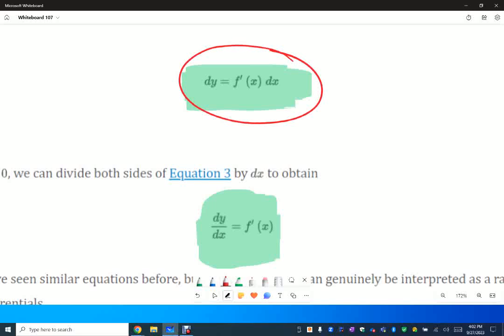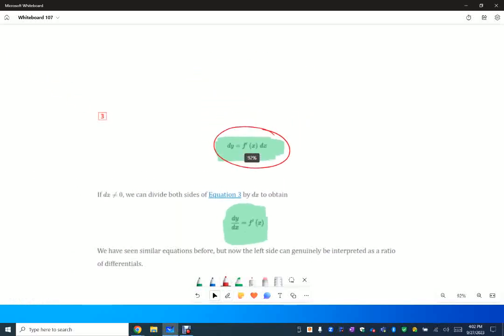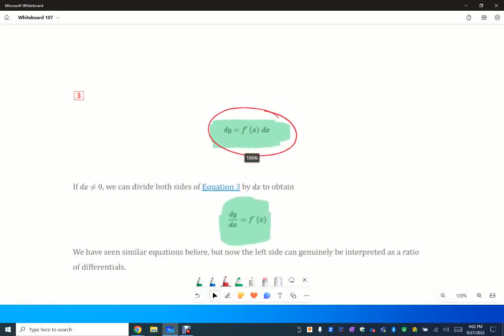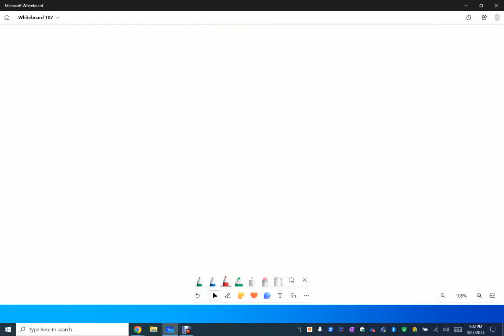So let me give you an example of this. Let's say we had a function of y equals the sine of x squared. Technically there are two ways you can visualize this.